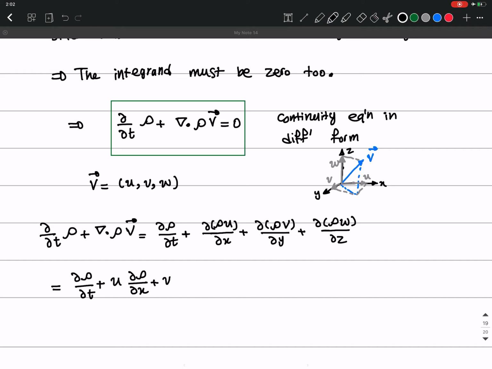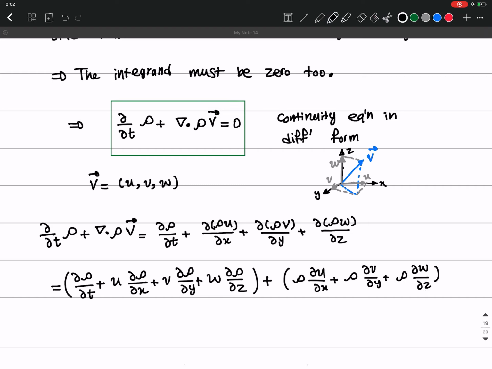So let me first write this: V partial rho partial y plus W partial rho partial z. And then the second part, because this is the derivative of two terms, is going to be rho partial U over partial x plus rho partial V over partial y plus rho partial W over partial z. Okay?